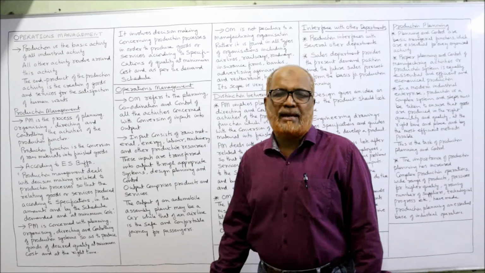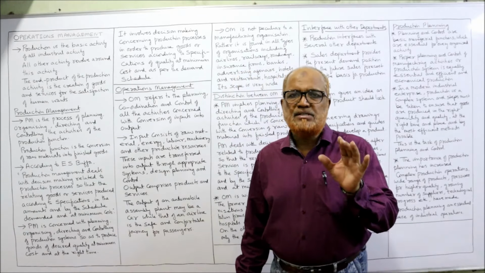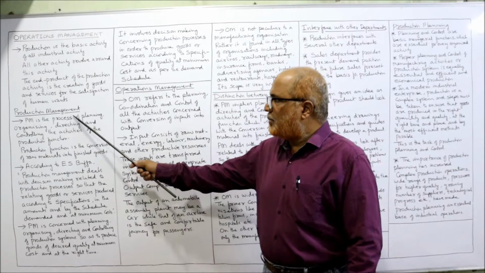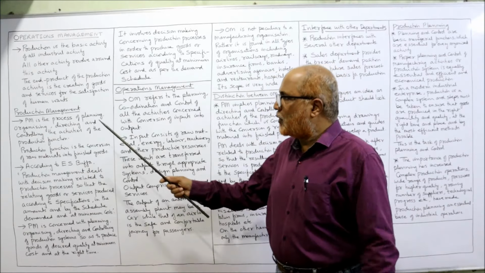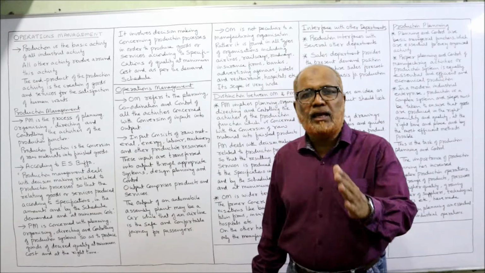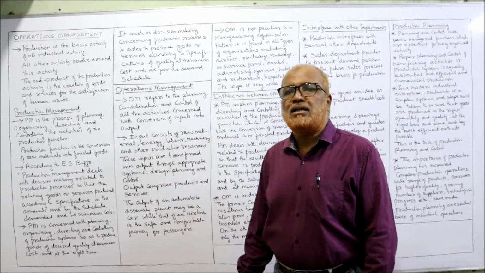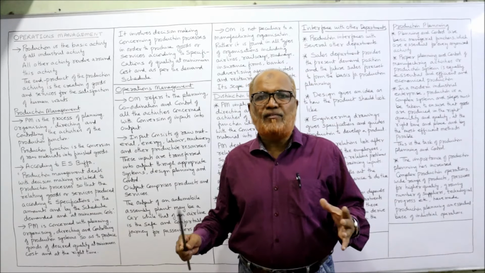Now, production management. Production activity, we have discussed, is the activity concerned with converting the raw material into finished goods. Production management is the process of planning, organizing, directing, and controlling all the activities of the production function. In business, different functions are there.